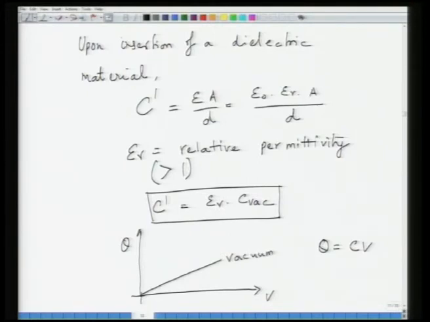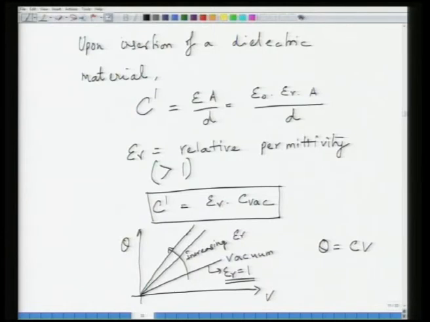What will happen when you insert a material? When you insert a material, it goes like that. So, this curve, or this line, shifts to the right, or shifts to the left, as you increase the epsilon of the material. This would mean increasing epsilon R, and epsilon R equal to 1 is nothing but your vacuum.